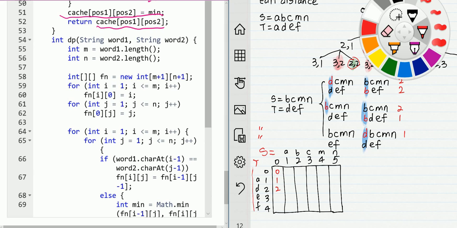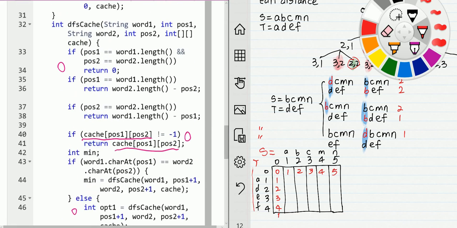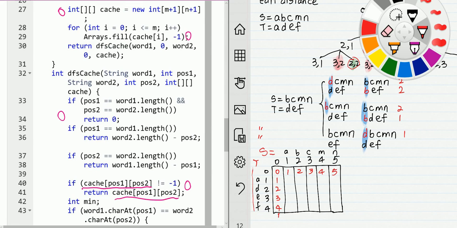Here is 2, here is 3, 4, because s is always empty in this column. For the same reason, if t is empty here, s is a, so 1, s is ab, 2, 3, 4, 5. These are the termination states of the DFS solution.